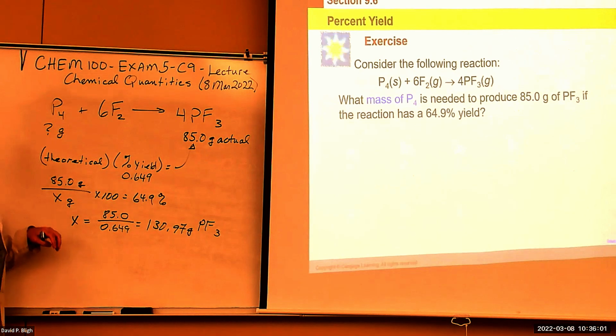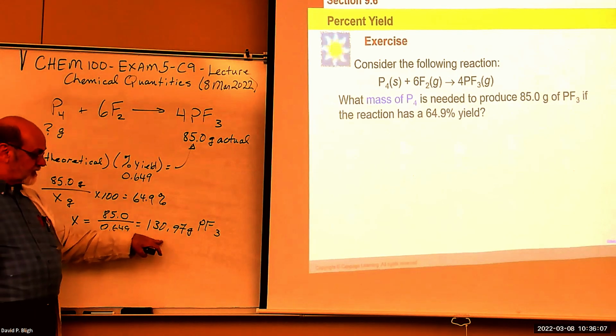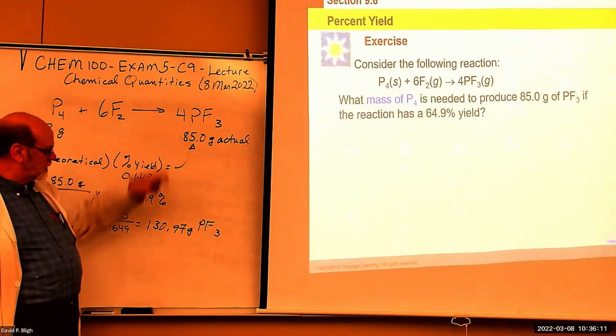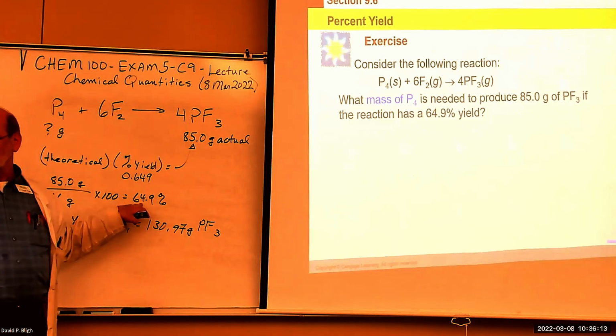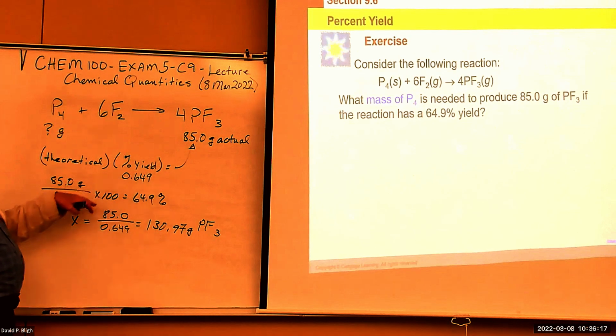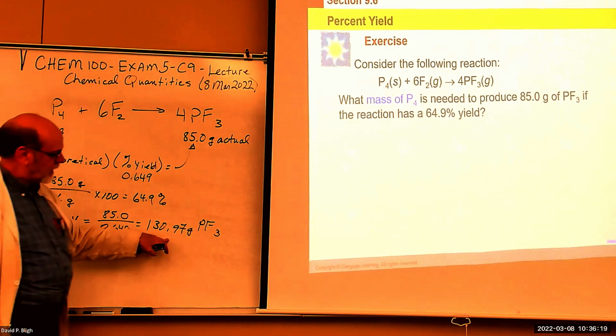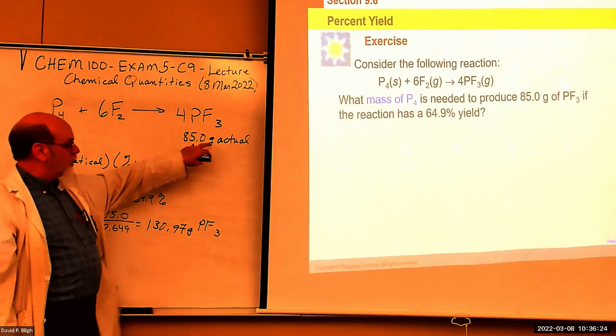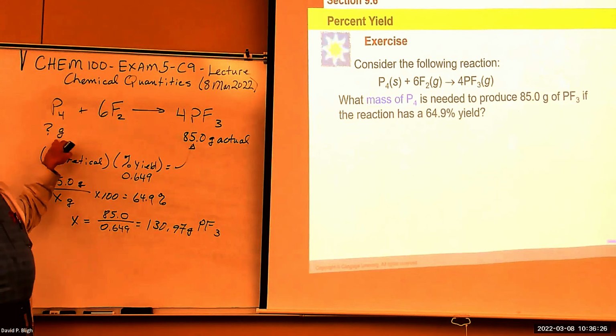Okay. Did I lose anybody? This is the theoretical amount. This is the actual amount. The ratio of this one to that one is 64.9%. We just work backwards through the formula to find out what the theoretical amount is. Because you can't go from actual to here.